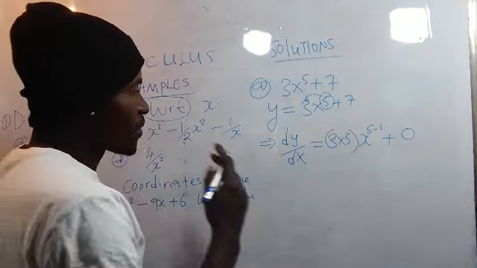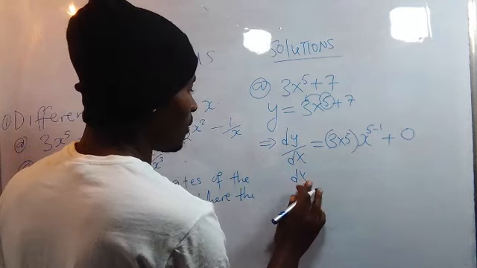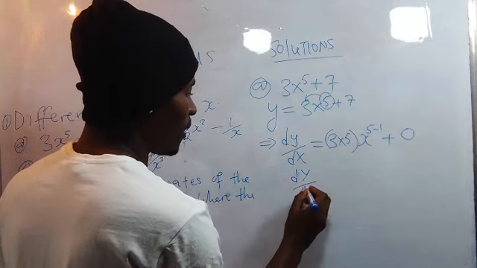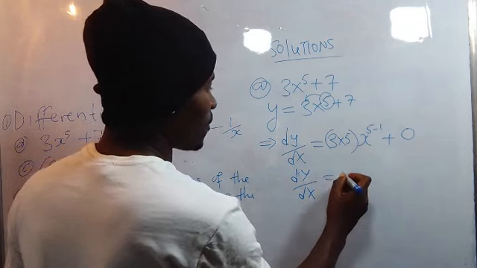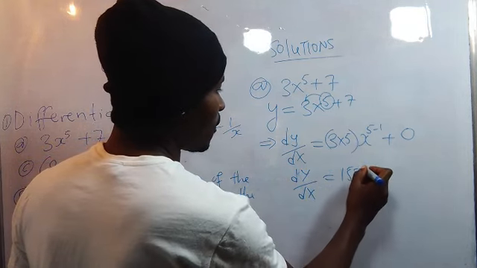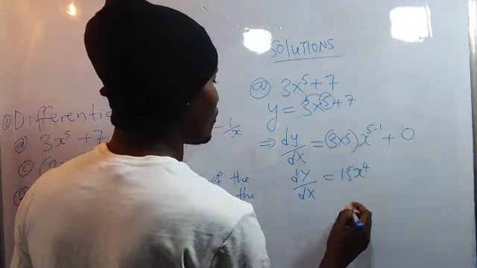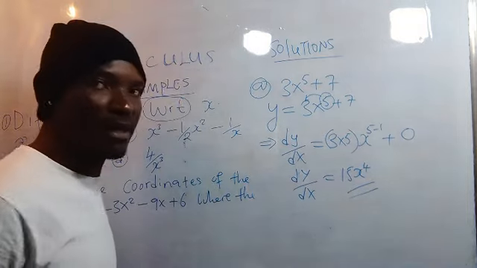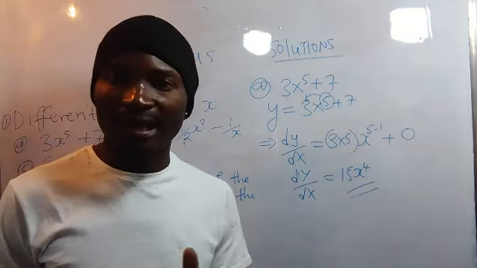So dy over dx equals to 15x to the power 4, okay. That's the answer. So that is the answer number 1.